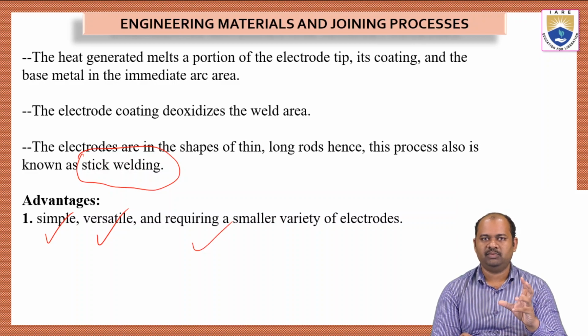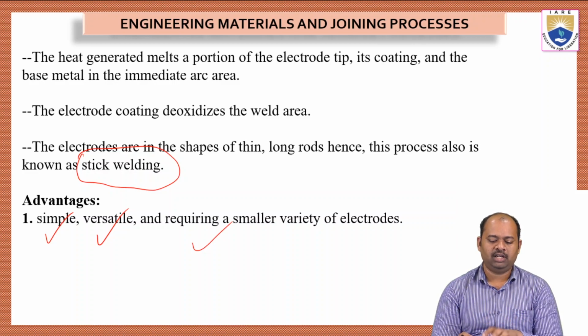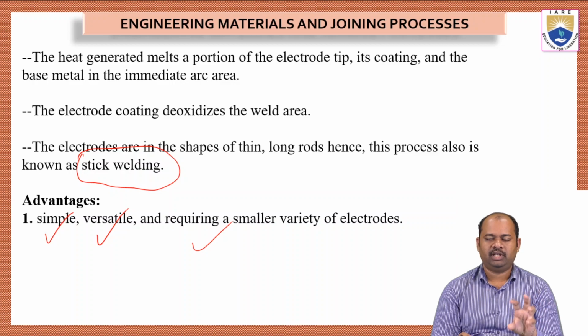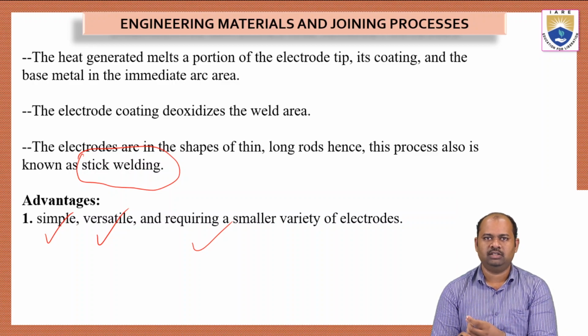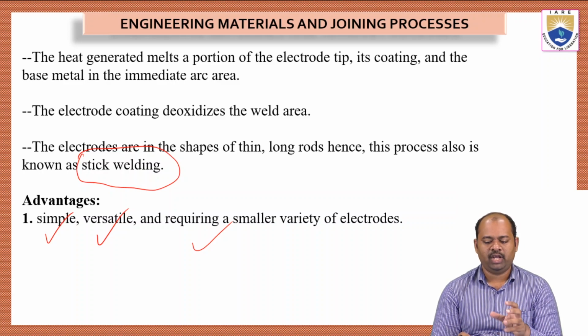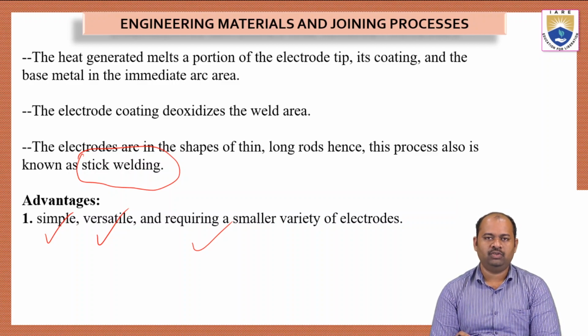Depending on the base metal, we have to choose a particular electrode, and it requires the same kind of electrode for almost all iron types. If we want to weld other metals like aluminum, we have to change the electrode. For almost all iron related or ferrous metals, we have to use the same electrode, because iron is very widely used. So we should always go for iron filler rods.